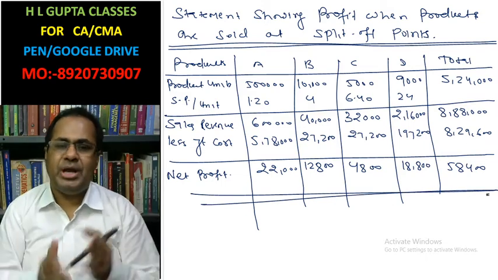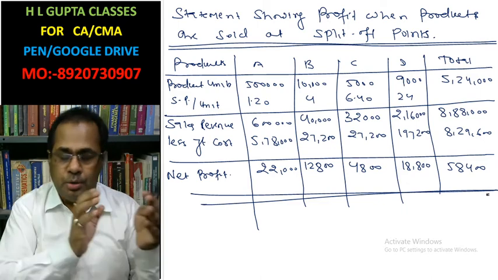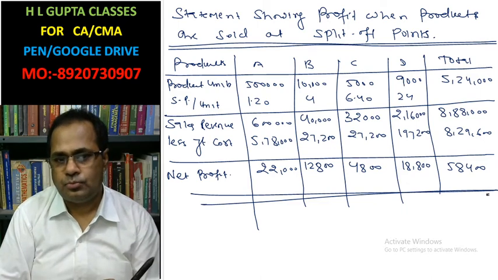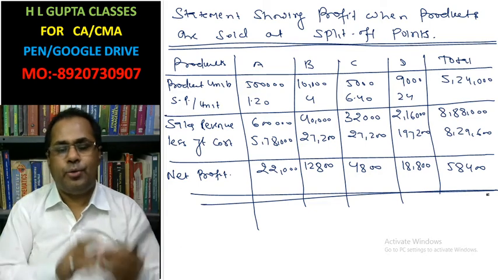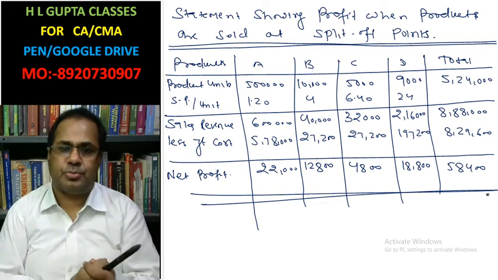Now we have to compare profit when products are sold at a split-off point and when products are sold after further processing.